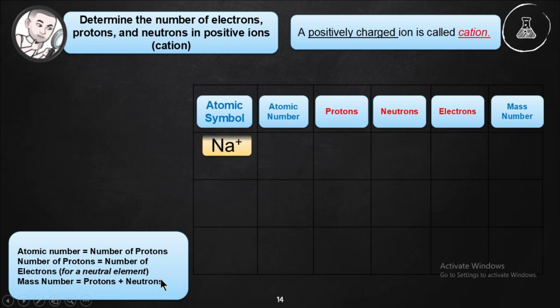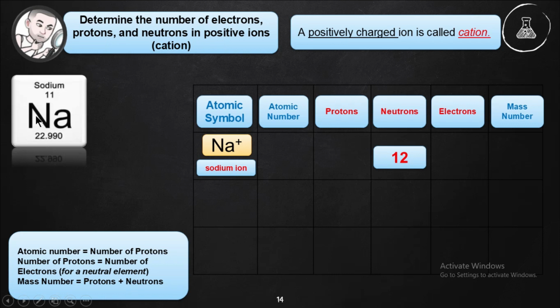So let us start with this one. Positively charged sodium ion. Meron given dito na 12 sa neutrons. Ito yung mga details ni sodium. Kung naalala nyo kanina, sabi ko, neither the number of protons and the mass number ay hindi nagbabago sa ions. So ito pa rin yung value ng atomic number tsaka mass number na gagamitin dito sa table.